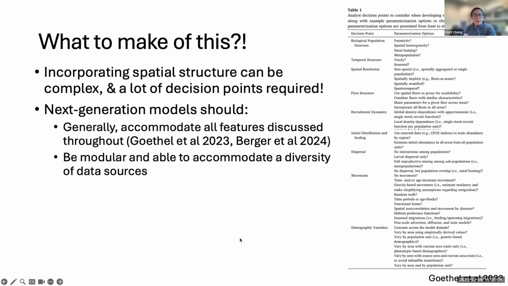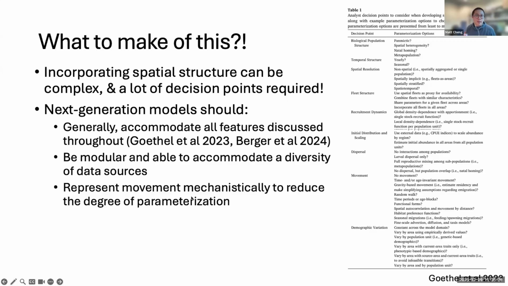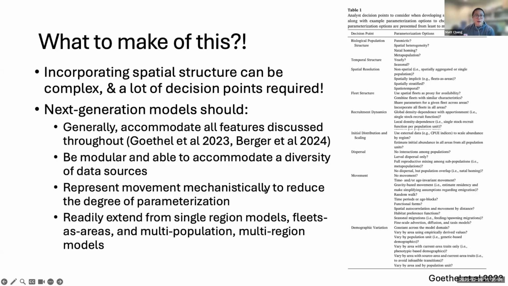Importantly, they should be able to accommodate a diversity of data sources and readily adapt to new emerging data sources. Another important thing is to represent movement in a mechanistic manner, so as to reduce the degree of parameterization. And then also potentially extend readily from single region models, to fleets as areas models, and then multi-population, multi-region models.